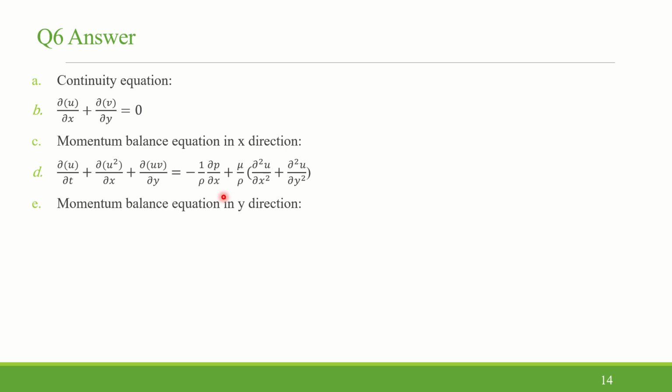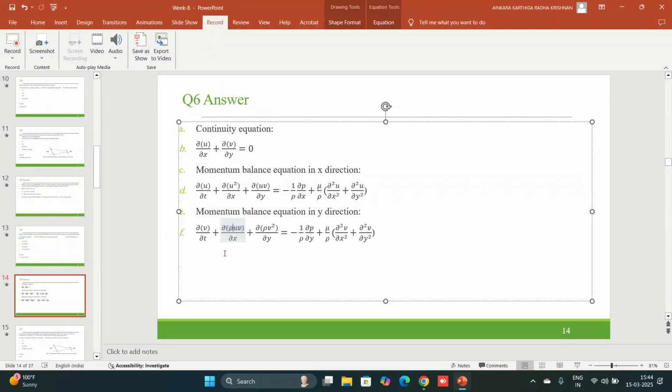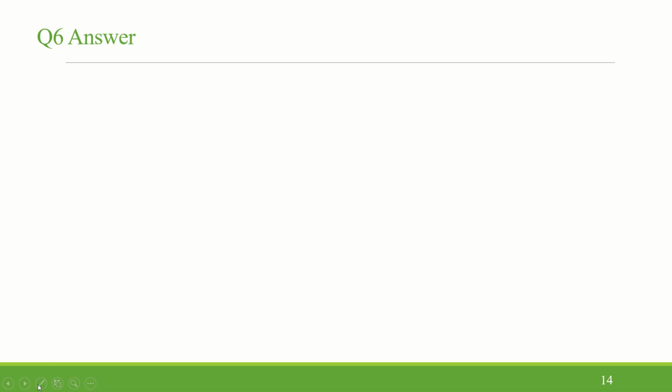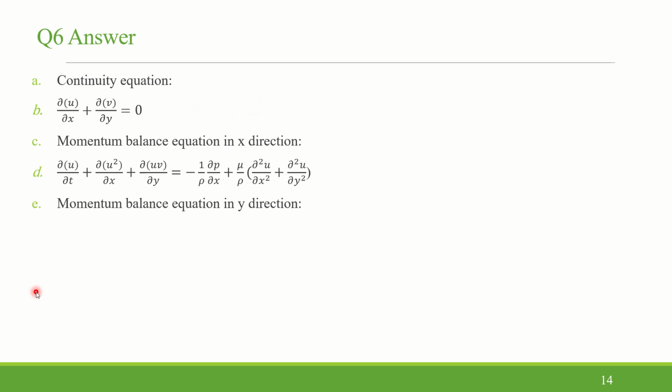And that momentum balance equation in the y direction is given by ∂v/∂t plus ∂/∂x of uv plus ∂/∂y of v² equal to minus 1/ρ ∂p/∂y plus μ/ρ times ∂²v/∂x² plus ∂²v/∂y². So here I am talking about these terms.